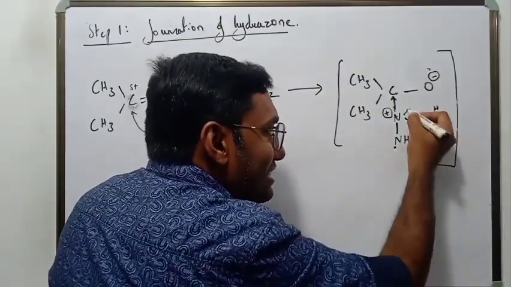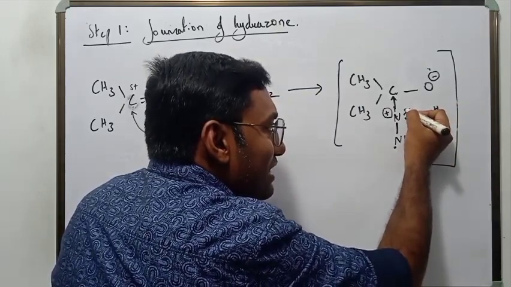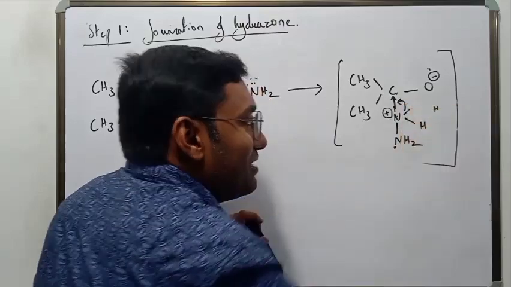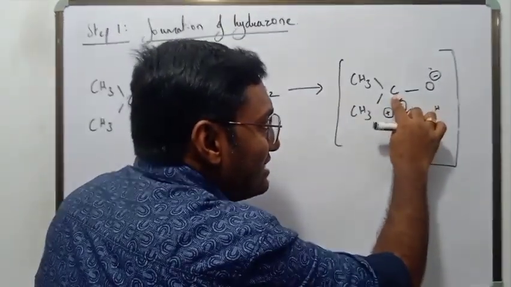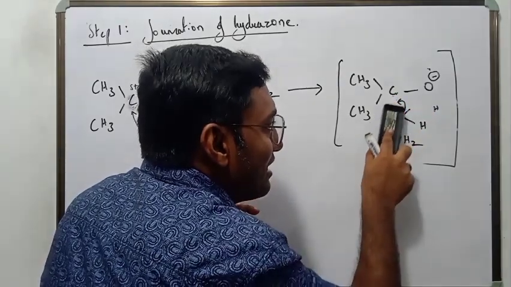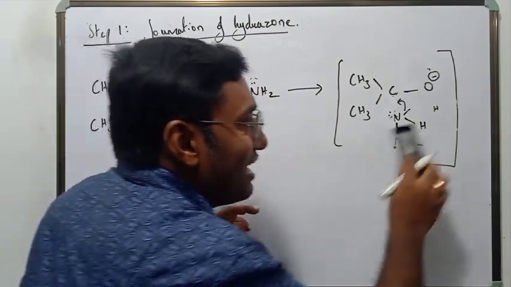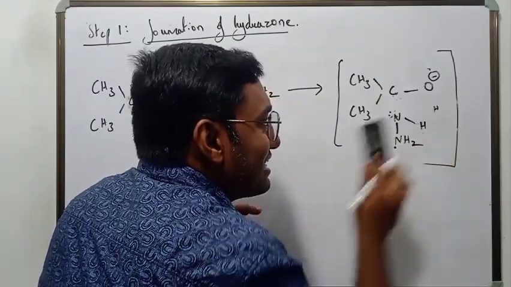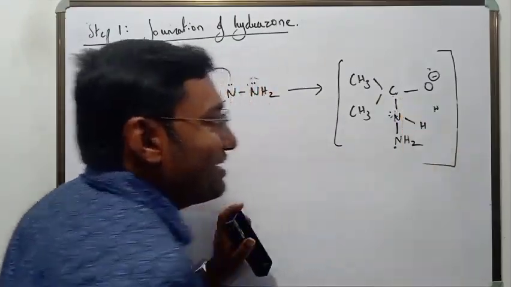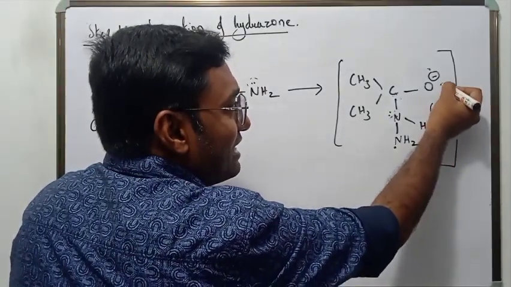And this electron pair which it has taken from hydrogen can be given to carbon, and the electron pair which has been donated to carbon can be taken back and come back as a lone pair. And this H which has been eliminated can go and attach here.